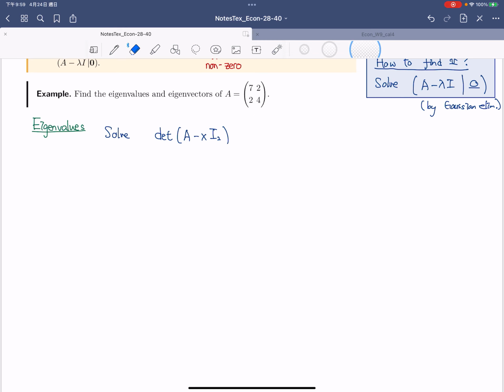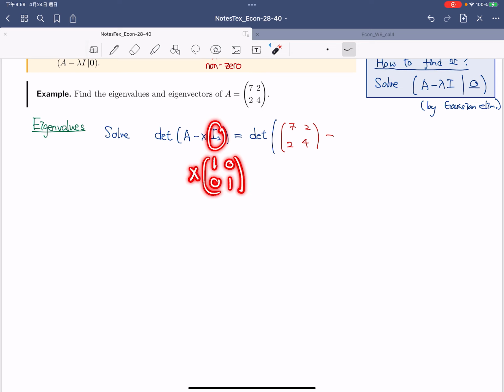So what do I mean by A minus xI? So let's do it slowly. Determinant of A, which is 7, 2, 2, 4, minus x times I2. What's I2? I2 means 1, 0, 0, 1. And then you multiply by x, that means that you get x, 0, 0, x, okay? So minus x, 0, 0, x.